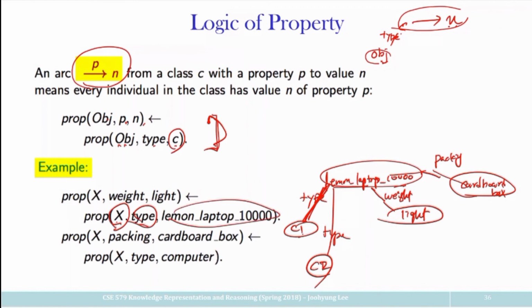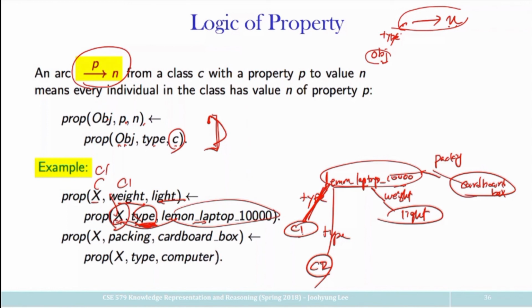So if there is an edge from X to Lemon Laptop 1000 labeled with type, then X's weight is also light. That's what it says. So you can instantiate this with C1. As I said, X can be anything, so you can have any members of that class.